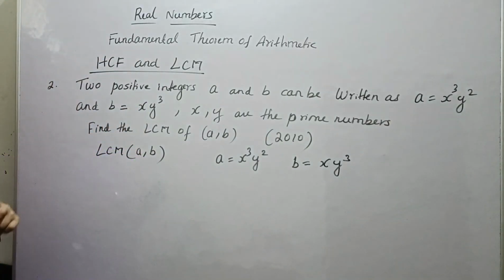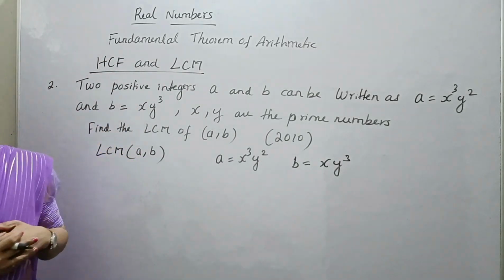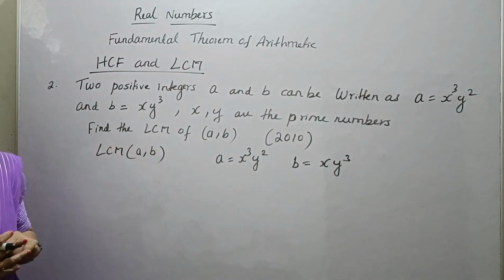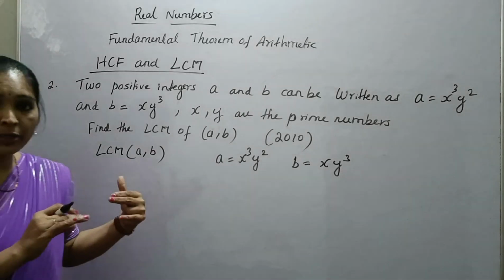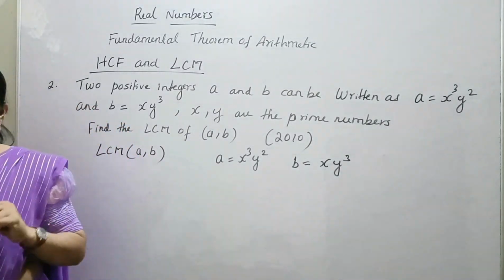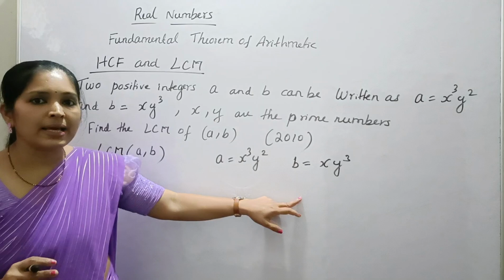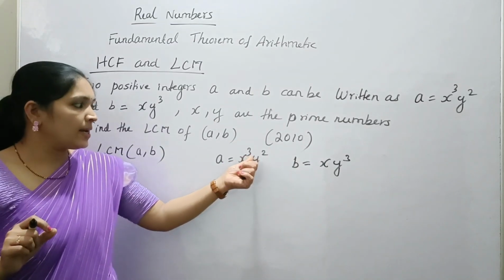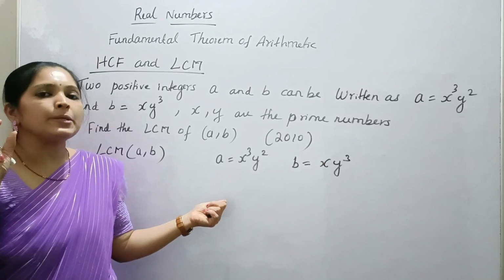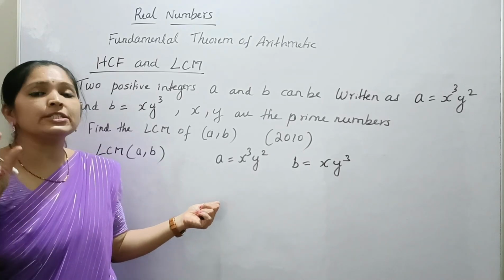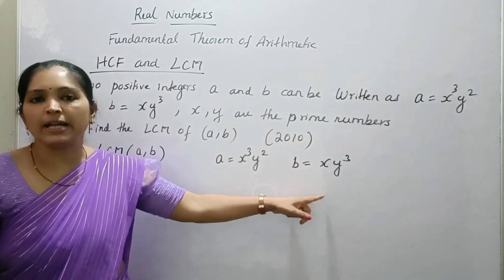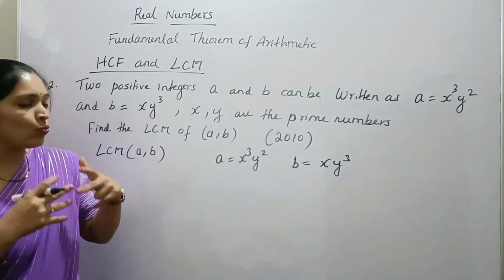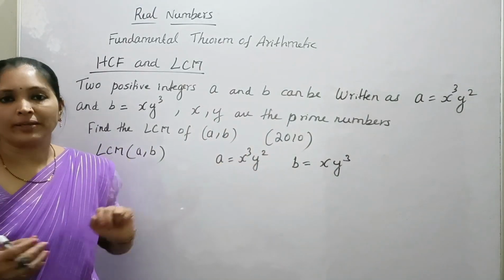How to find the LCM of a and b? As I mentioned before, we write the LCM of two numbers by the prime factorization method, that is, the greatest power of each factor involved in the numbers. Here the factors are x and y.